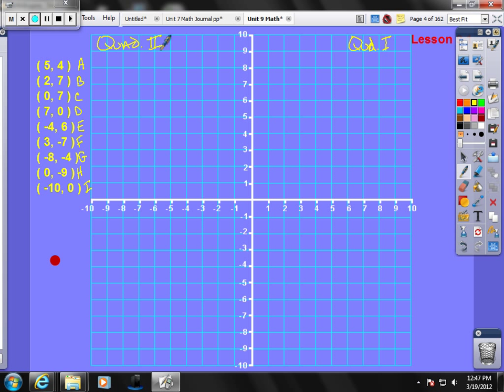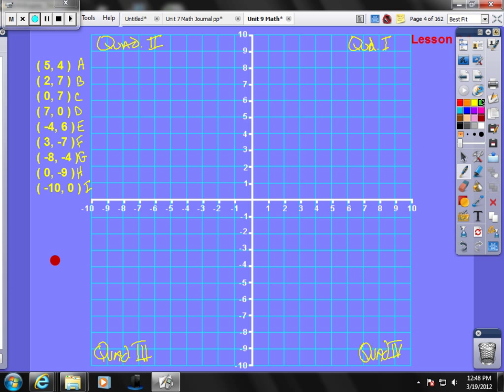Our lower left-hand quadrant is called quadrant number 3. And then our lower right-hand quadrant is called quadrant 4. Okay? So we have 4 quadrants. Quadrant 1, quadrant 2, quadrant 3, and quadrant 4. All of our points are located in one of those 4 quadrants.